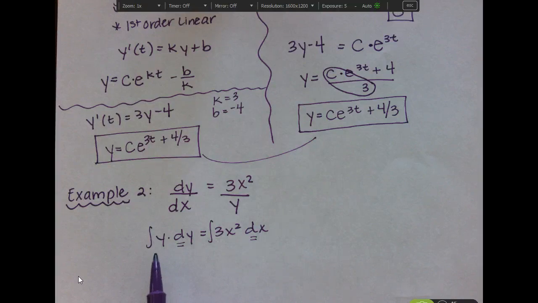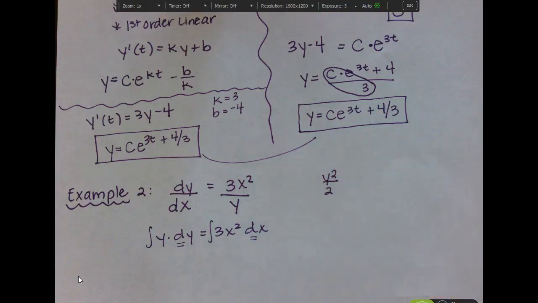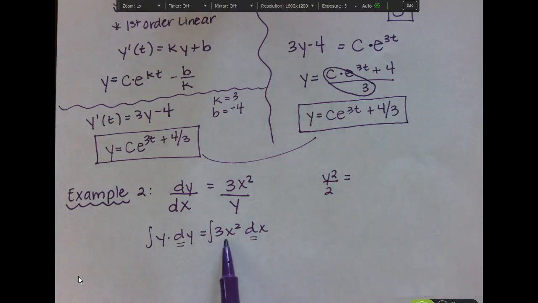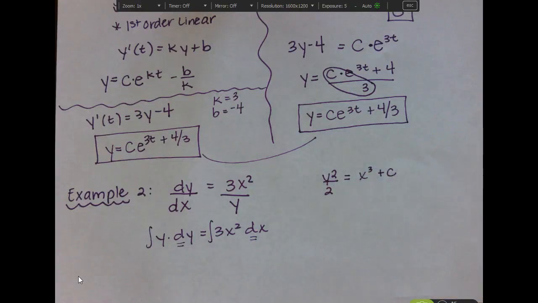If we take the antiderivative of y, that's y squared over 2, and again plus c now or plus c later, either way. Take the antiderivative of 3x squared and we'll get x cubed. Remember, I need to write a plus c somewhere.